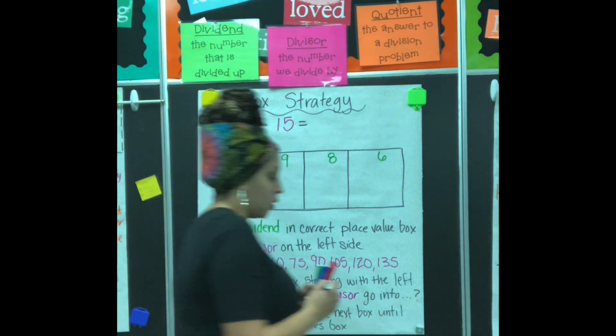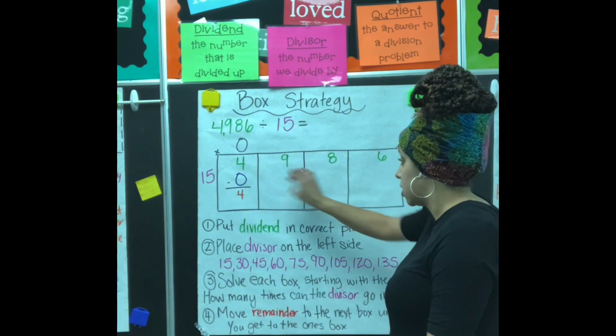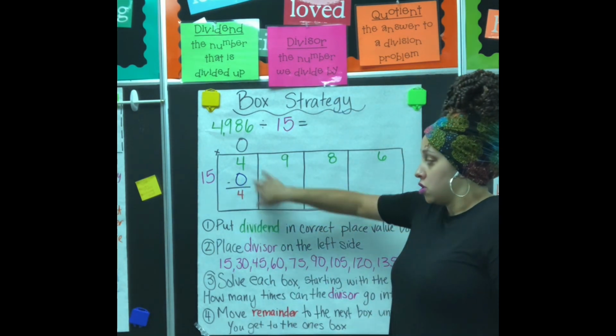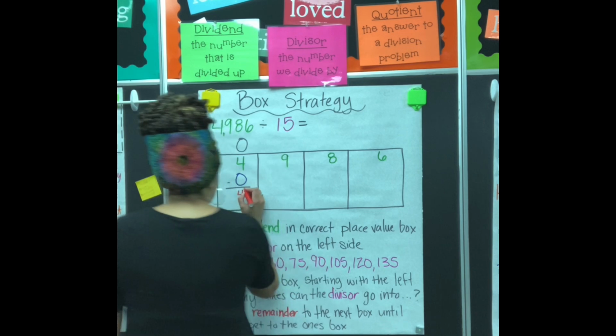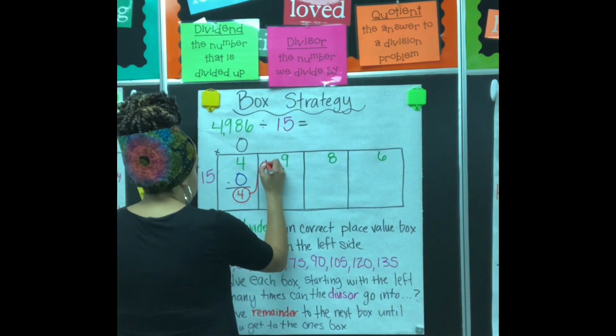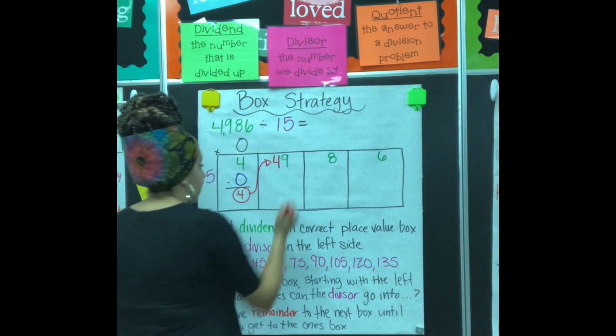Okay, until we get to the ones box. So this is the thousands, hundreds, tens, ones. So what we do is we're going to move this remainder over here. So this 9 now becomes what?